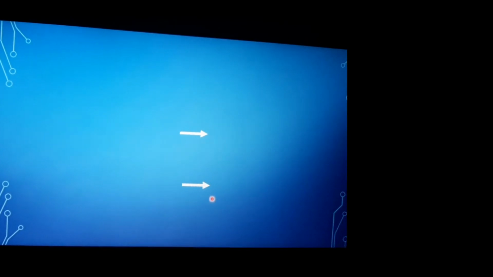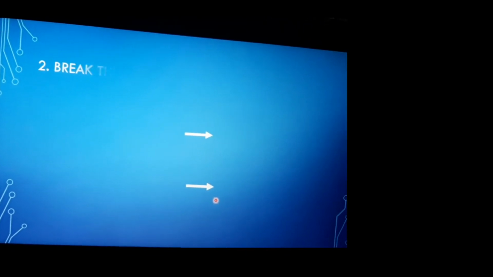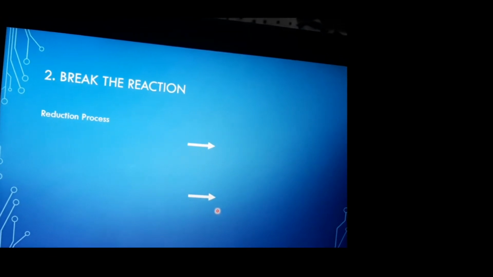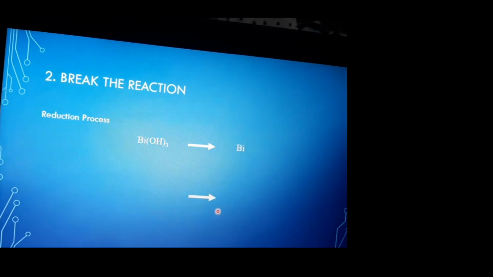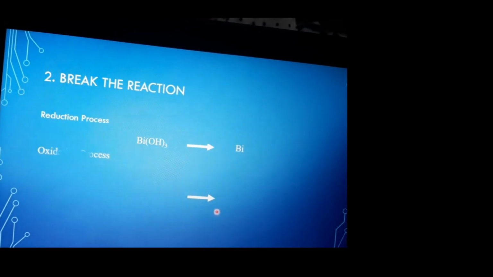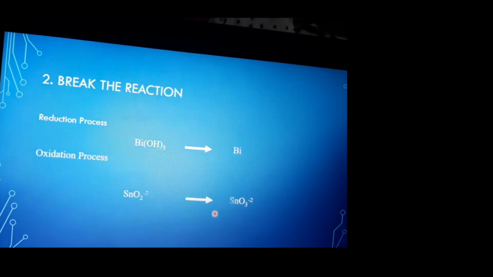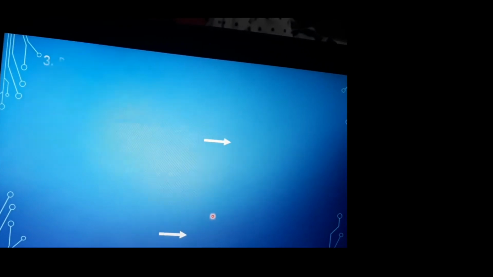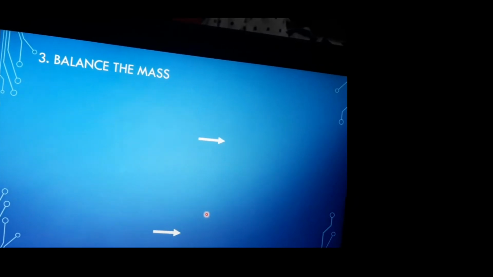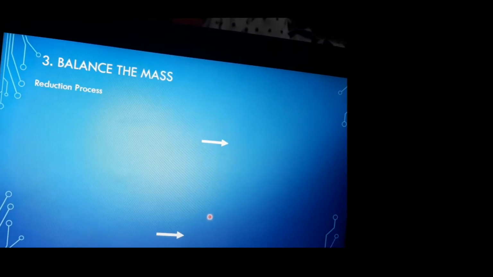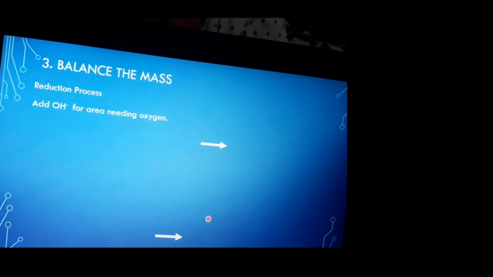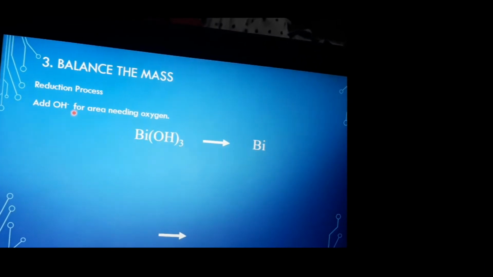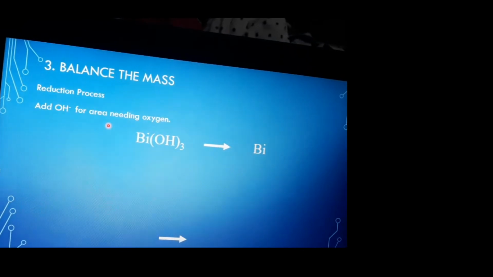Let us proceed. Step number 2, break the reaction into halves. The reduction process is that one, and the oxidation process is this one. After breaking, we follow step 3, balancing the mass. For the reduction process, we add hydroxide for an area needing oxygen.